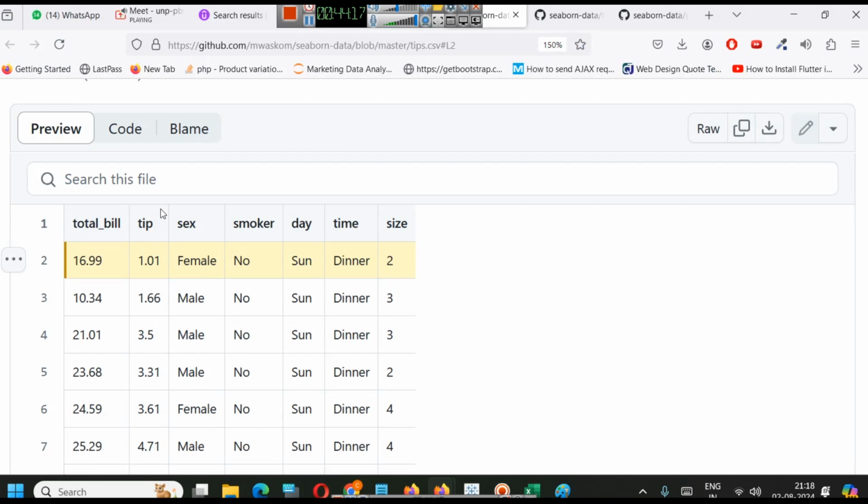The objective of this particular problem is, if we have two people eating dinner at dinner time on Sunday, non-smokers, and the bill payer is female, and if the total bill is around $17, what tip should this person give to the waiter?